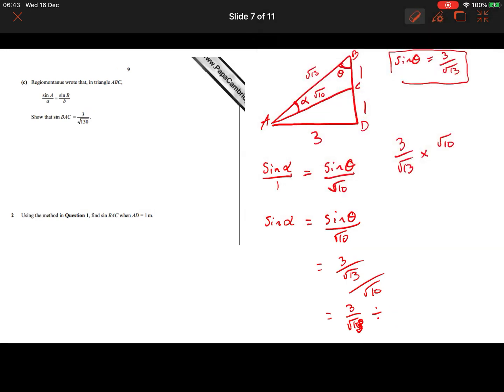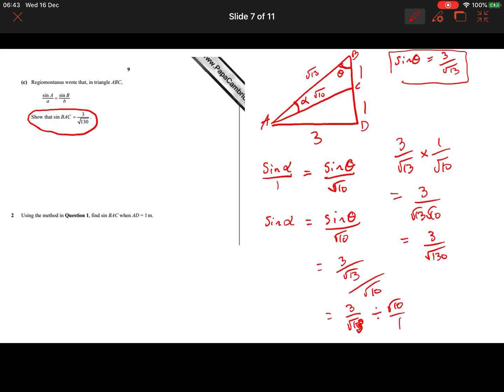So 3 over root 13 times 1 over root 10. I had this the wrong way around at first: it's divided by root 10 over 1, which becomes 1 over root 10 when you flip it. So that is equal to 3 over root 13 root 10. Now your rules of surds come into play, so it's 3 over root 130. So we have shown that that is the right answer.